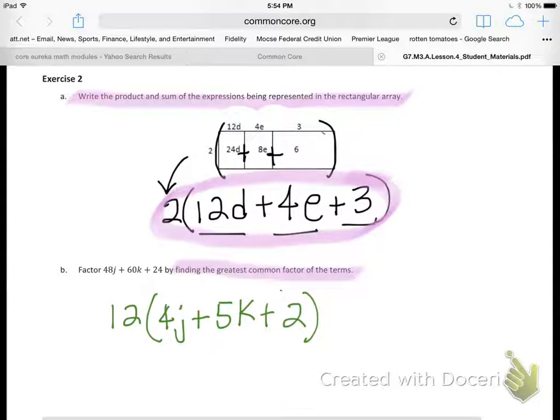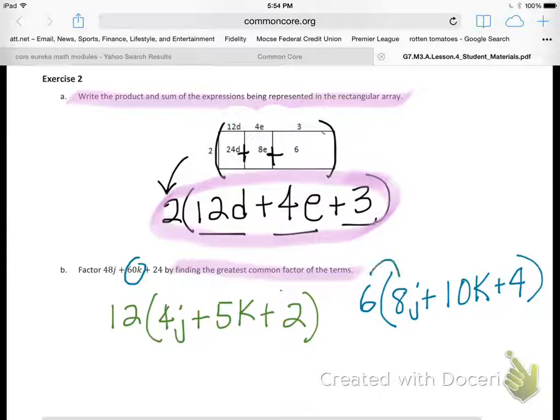Okay, so here's what that expression looks like factored out, and it's completely factored. Maybe some of you did the same thing, but I started off with 6. I thought, okay, 6 times 8 is 48. And I knew it wasn't 8 because 60 wasn't divisible by 8. So I went 6, and then 8j plus 10k plus 4, because these would all distribute into these terms here. 6 times 8j is 48j, and so on.